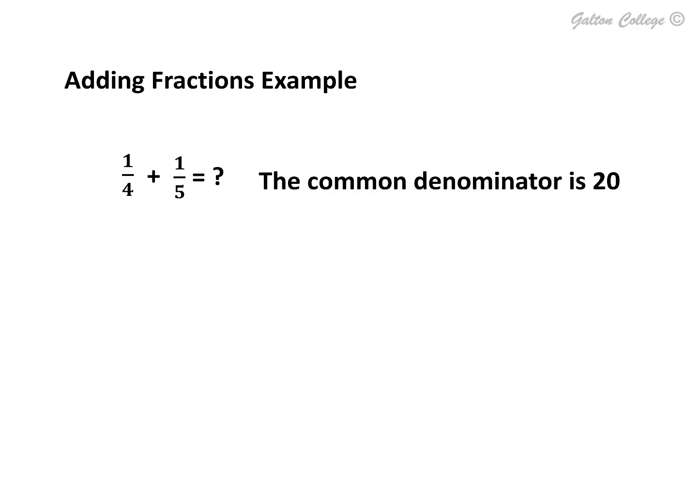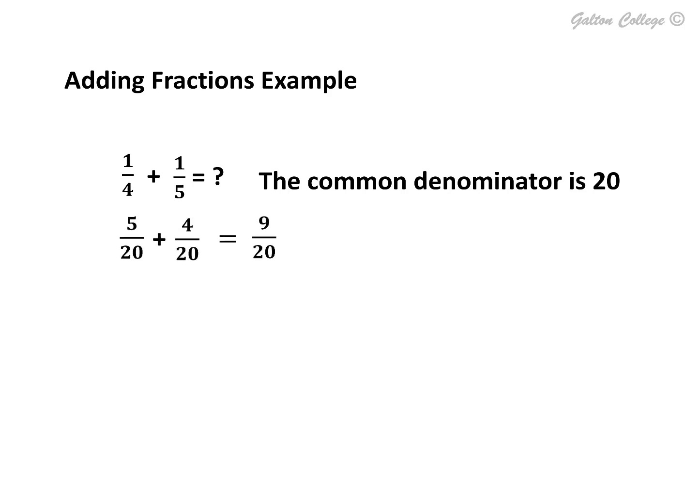Now, adding fractions, an example. Let's say we wanted to add a quarter, 1/4, plus 1/5. Well, the common denominator is 20. We get that by simply multiplying 5 times 4, 20. So 4 will divide into 20 and 5 will divide into 20.